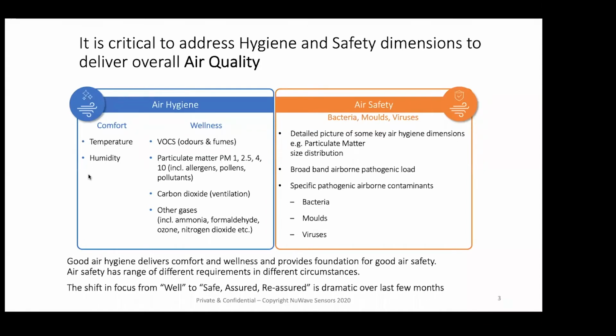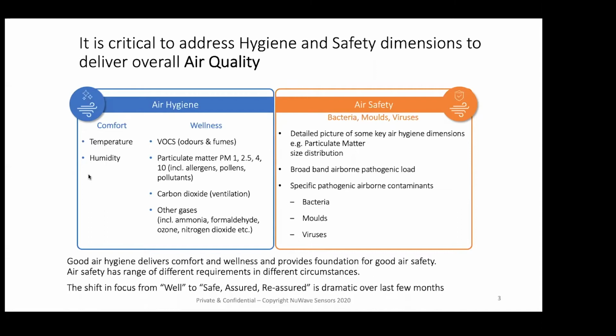When you're worried about air safety, it's important to get a detailed picture of the things that can contribute to it. Particulates, while they can be harmful in their own right, can also be a source by which some of these pathogens travel from A to B. You will generally have some sort of flora in the air, so a broadband airborne pathogenic load, but then you have specific pathogens that you may be concerned about, depending on the area that you're trying to protect.